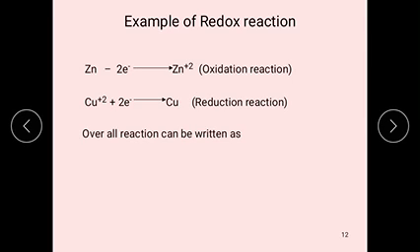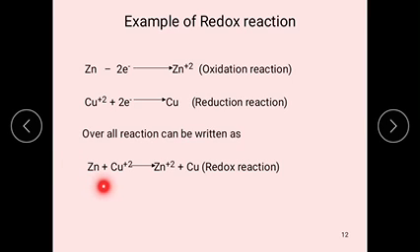The overall reaction can be written as zinc plus copper plus 2 gives rise to zinc plus 2 plus copper. Here zinc, in its elemental state, has an oxidation state of 0.